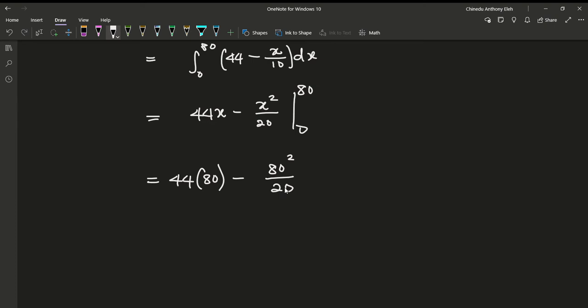I've computed this just not to waste time. This one is 3520 minus this one is 320, and this is nothing but 3200 joules.